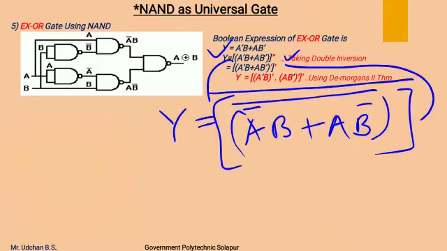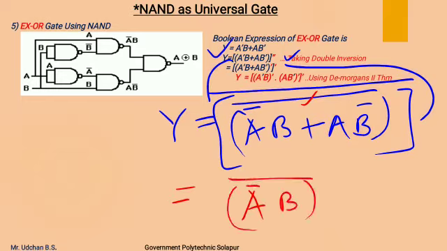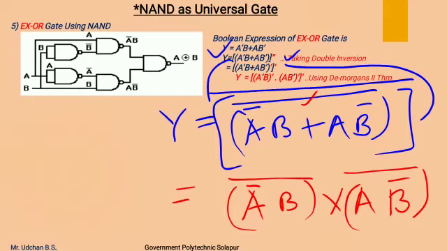Now I will solve this complement using De Morgan's second theorem, which will give you a complement b its complement into a b complement its complement, and again their whole complement.